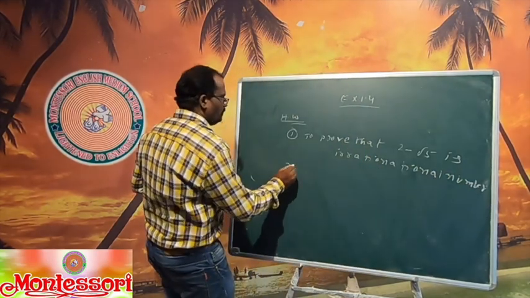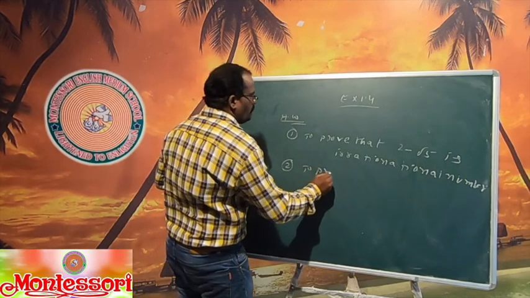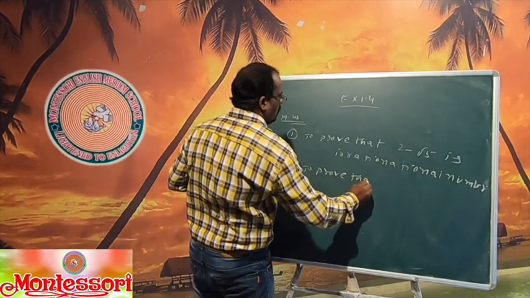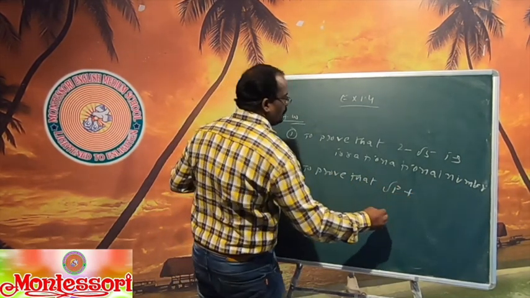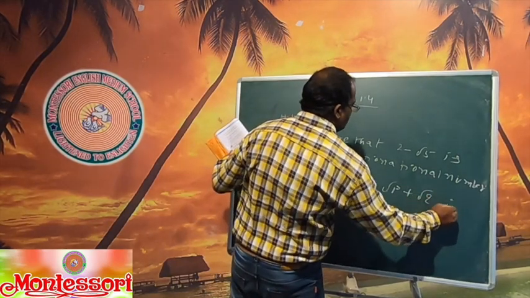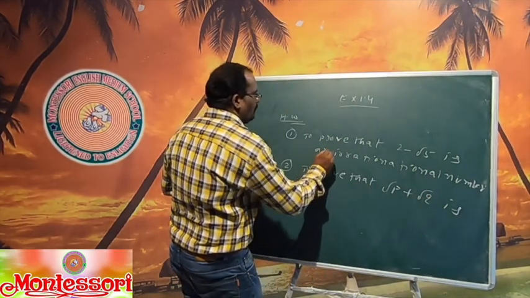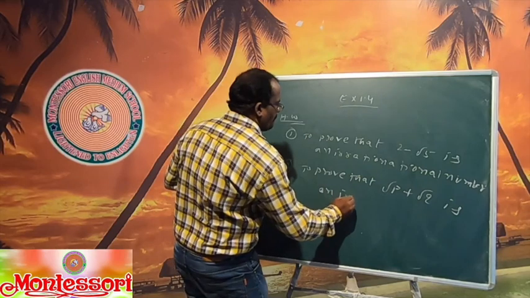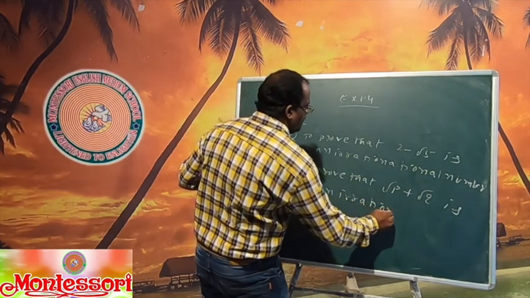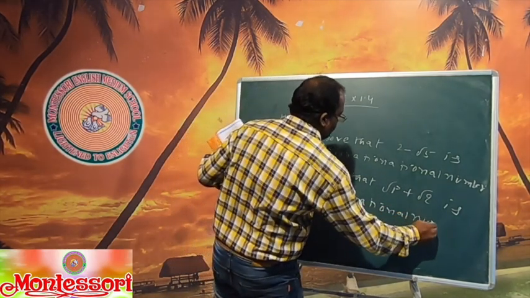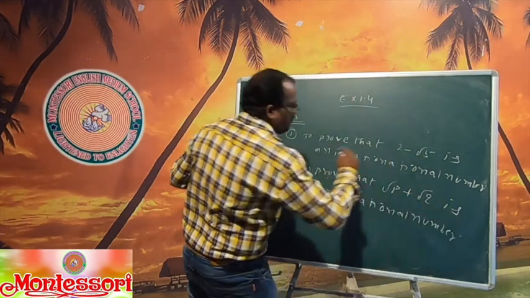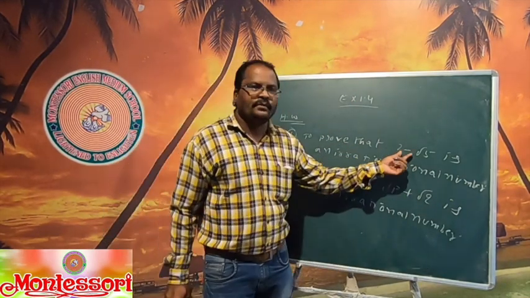One more question: to prove that root p plus root q is an irrational number.